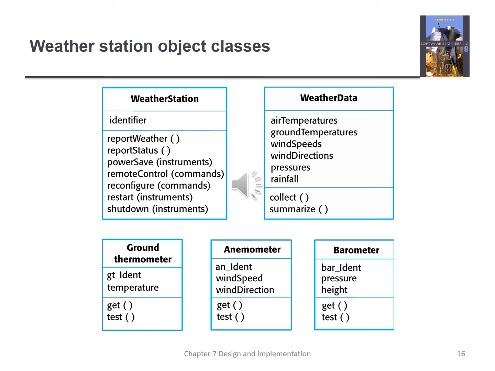It has three attributes: the identification number or whatever, wind speed and wind direction. Again, the attributes or the functionality are get and test. The same for the parameter. Weather data, the same. It has air temperature, ground temperature, wind, etc., and the functions are collect and summarize.